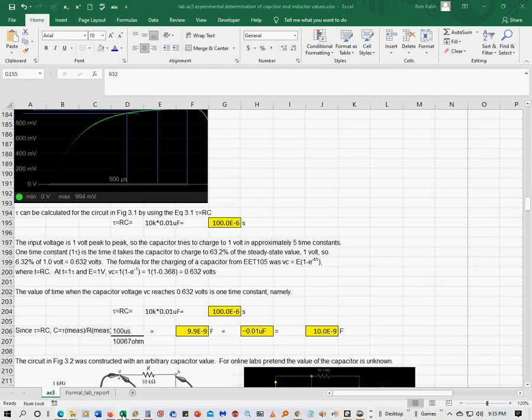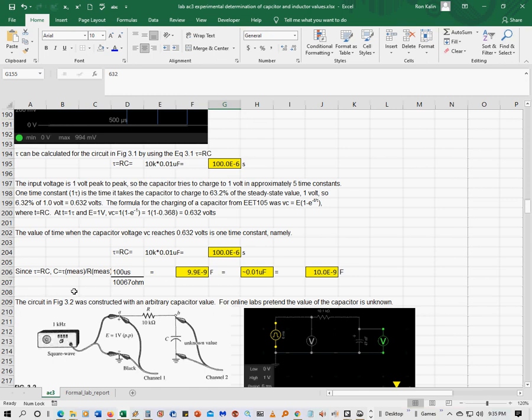So that's what I did in part F here and rewrote this with the equation and then did some calculations to show that tau for this particular circuit is 100 microseconds. And then you can calculate the capacitor from the measured tau by the measured resistance.